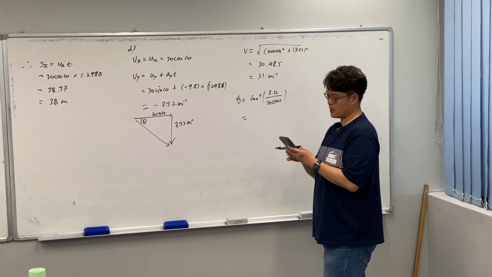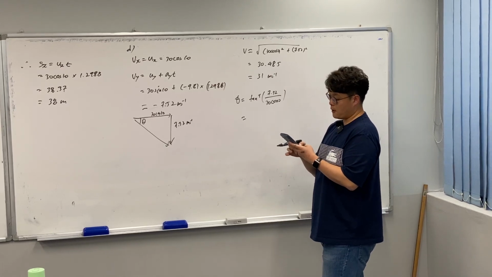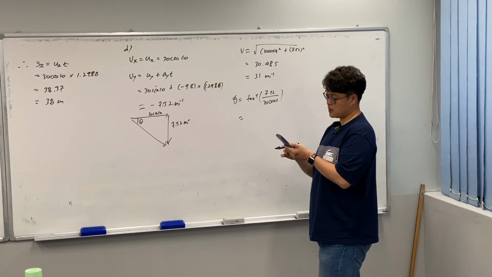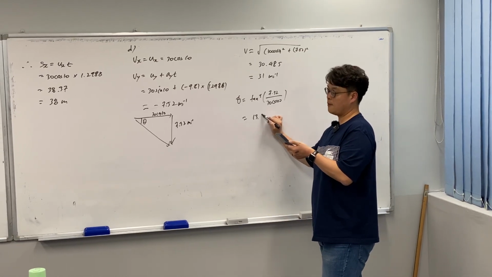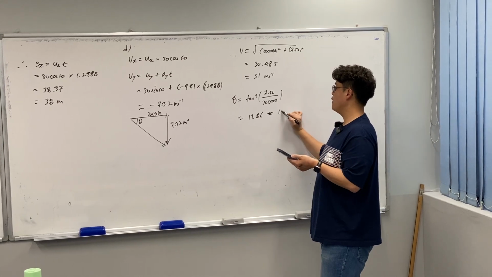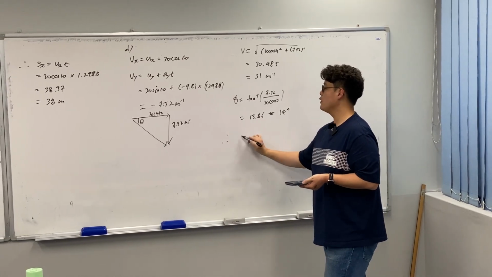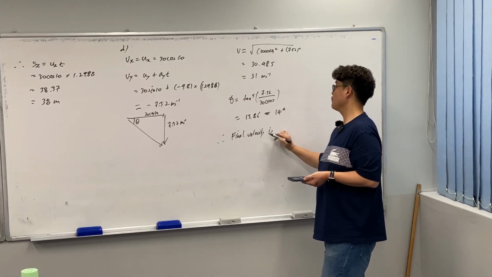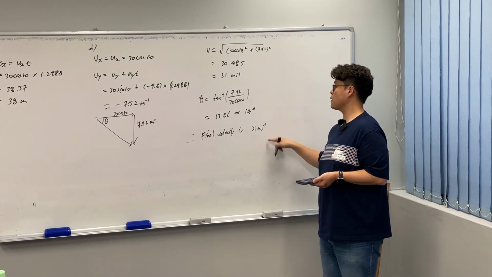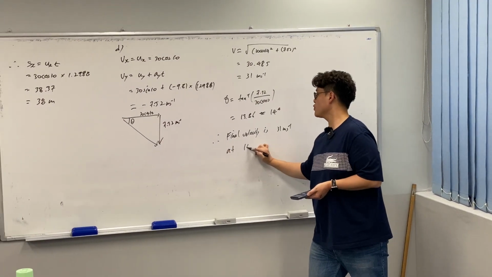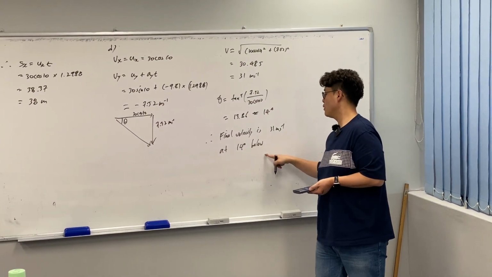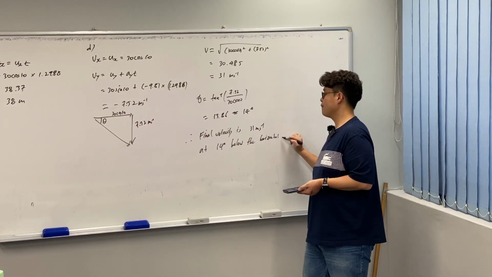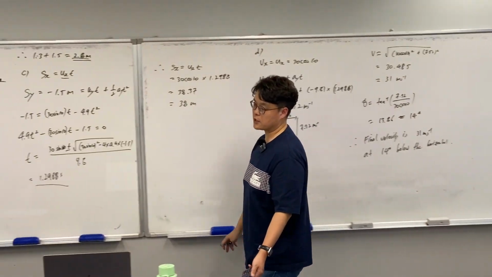Tan inverse of this, you get 13.86, so roughly about 14 degrees. Therefore, the final velocity is 31 meters per second at 14 degrees below the horizontal. This is the final answer for the question.